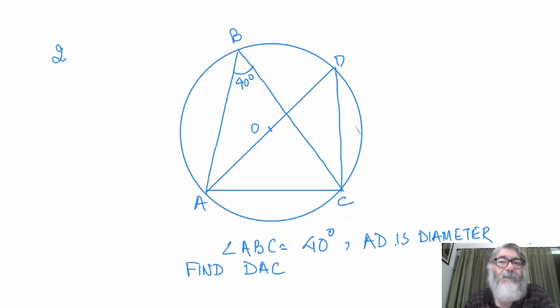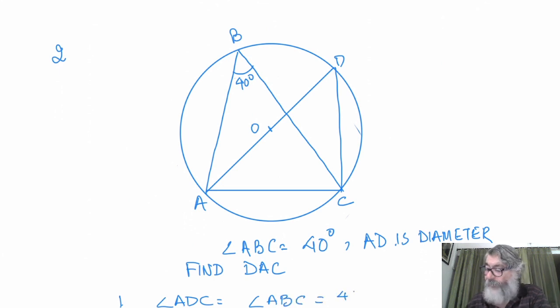So both these angles will be equal. Angle ABC will be equal to 40 degrees. Why will it be 40 degrees? Same segment.